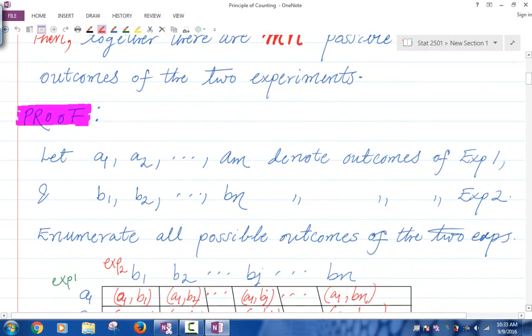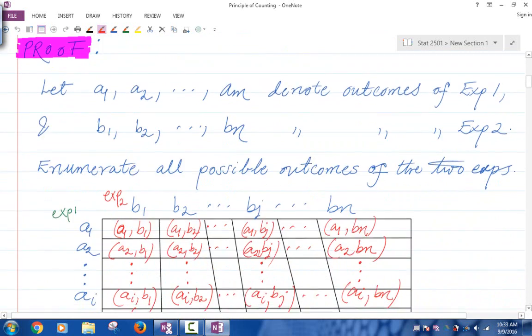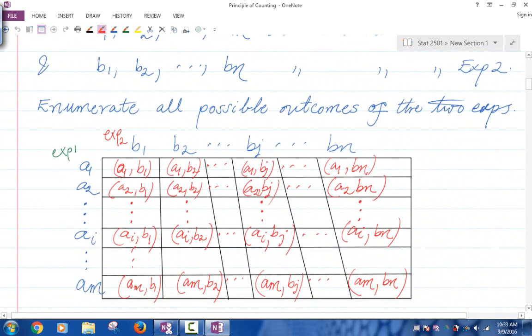And if you do that, you basically get a table. The first row is the outcomes of experiment 2. The first column is the outcomes of experiment 1, and then within the table I wrote down all possible pairs of outcomes, right? All possible pairs of outcomes.